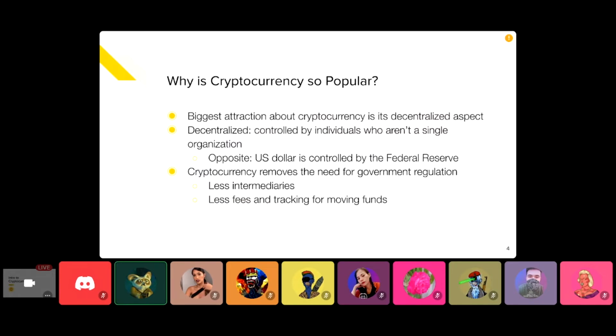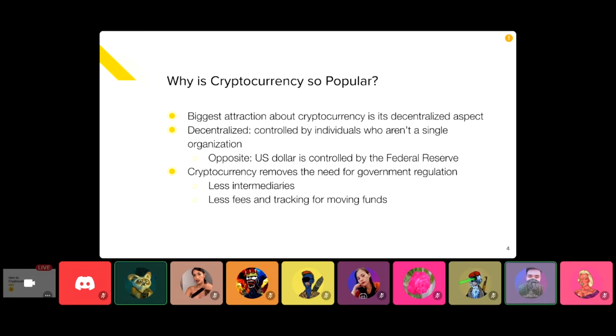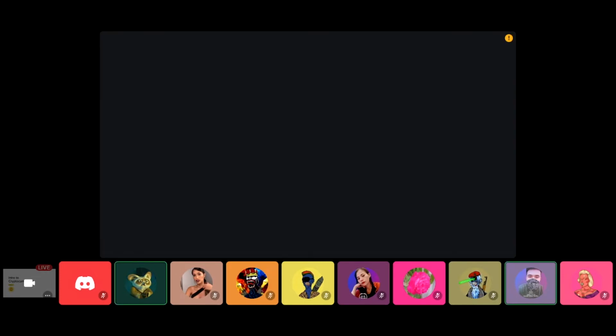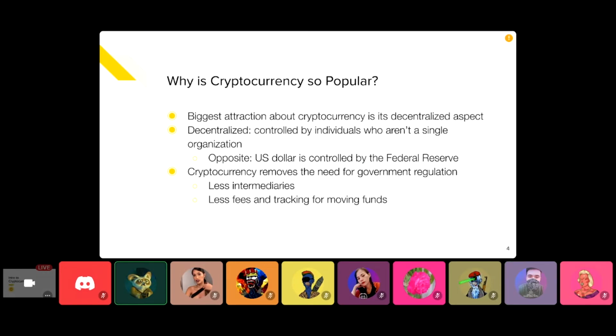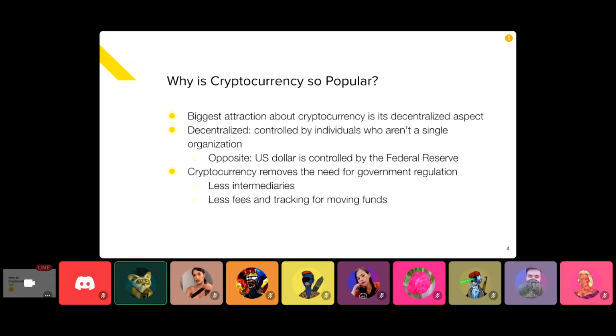It's the opposite of the US dollar, which is controlled by the Federal Reserve, or the euro, which is controlled by the European Union. This situation gives the currency more freedom, and it removes the need for the government to regulate the currency.